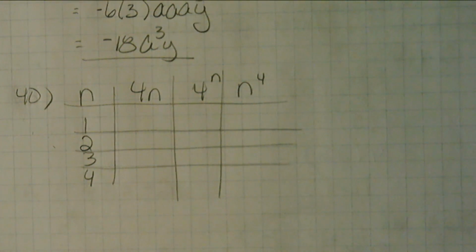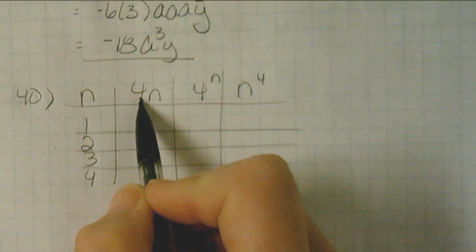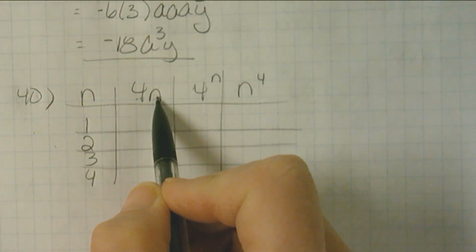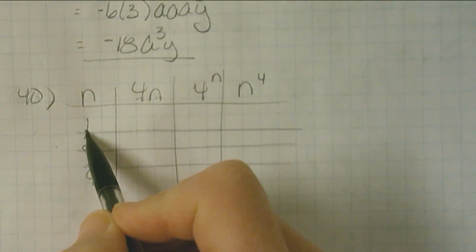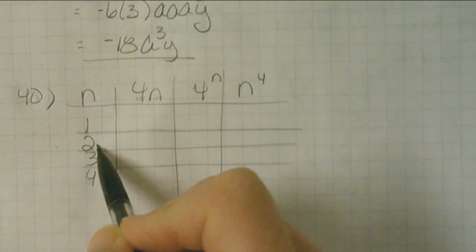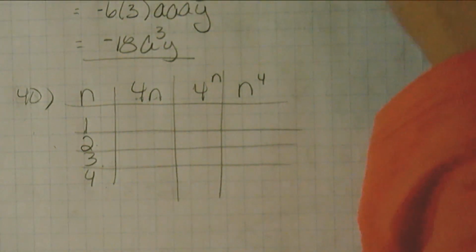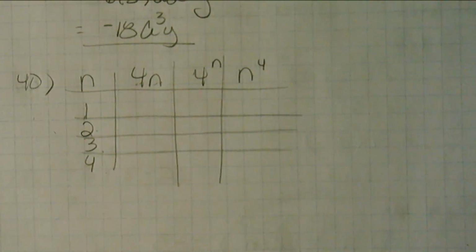Really? How could you not understand what to do here? They say complete the table. What does this right here say? 4 times n. What's my value of n? 1. What's my another value of n? 2, 3, 4. I don't know what was hard about figuring out how to complete this table.